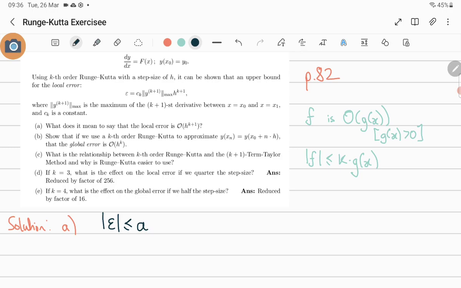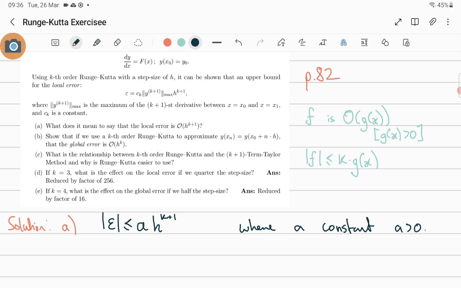The absolute value of epsilon is less than a times h to the power of k plus 1, where a is a positive constant. That's what it means to say it's order h to the power of k plus 1.